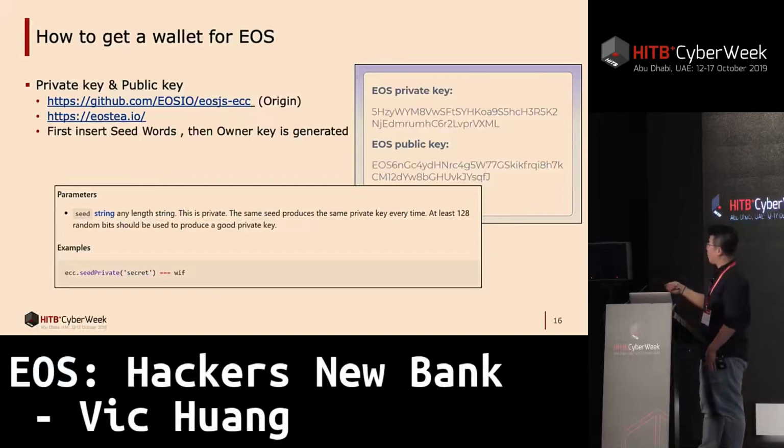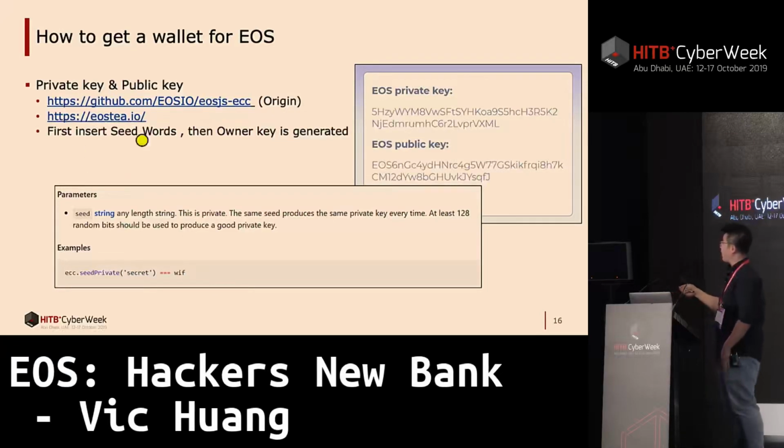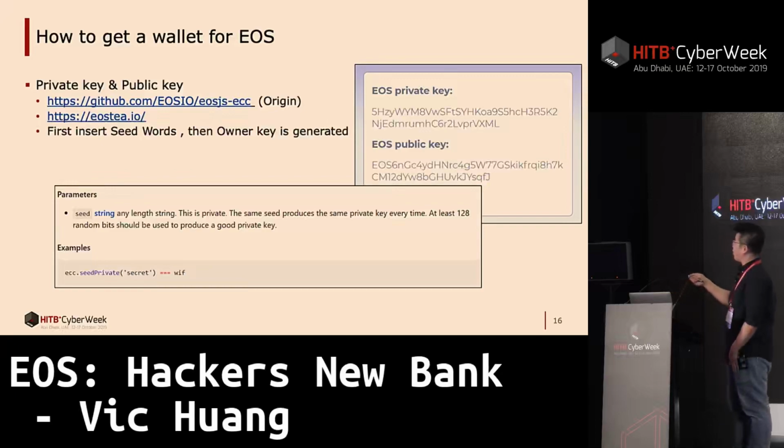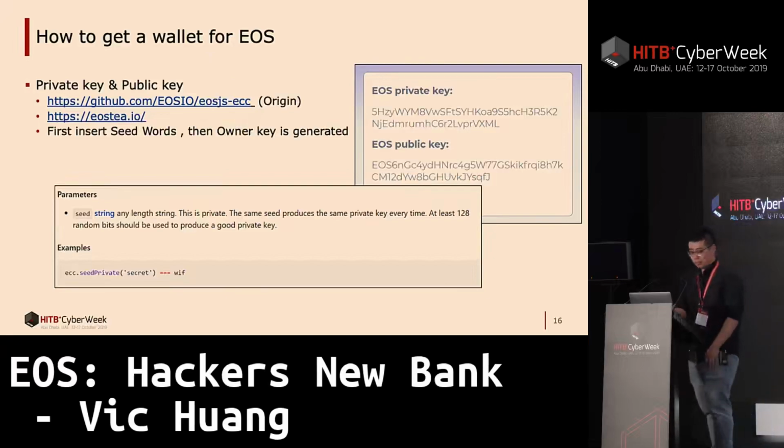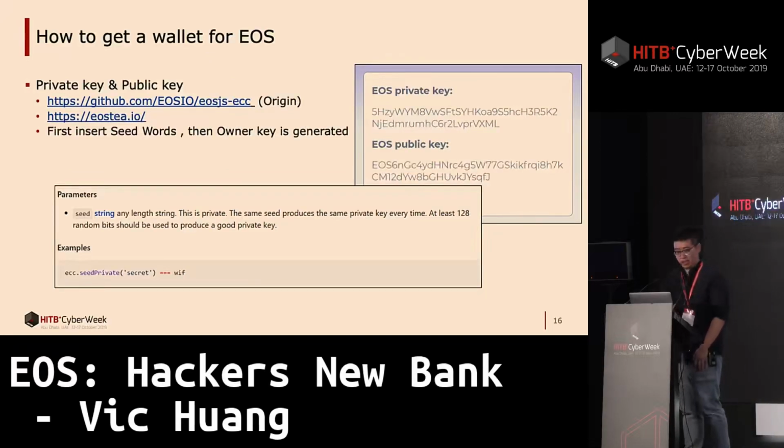But before we explain the rainbow table attack, we are going to discuss how to get a wallet for EOS. There's eosjs-ecc, the original generator released by the official company.